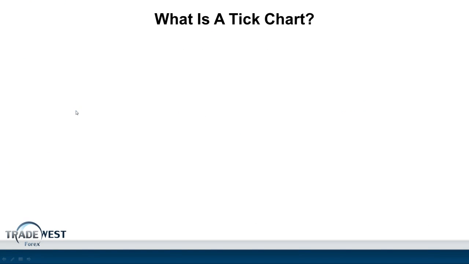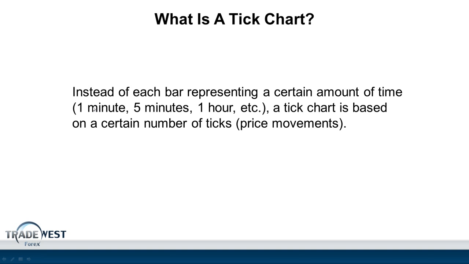What is a tick chart? Some of you have probably seen your normal one-tick charts, like a little ticker, but what I'm talking about is multi-tick charts. So instead of having each bar represent a certain number of minutes or hours, a time-based chart, you can actually have a chart that's based on every movement of the market, every tick.